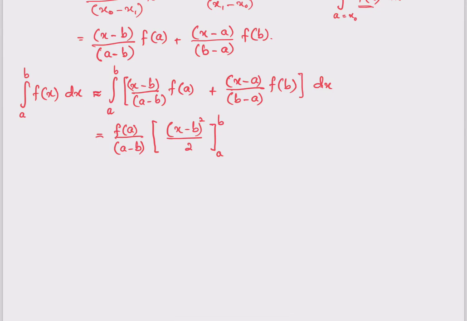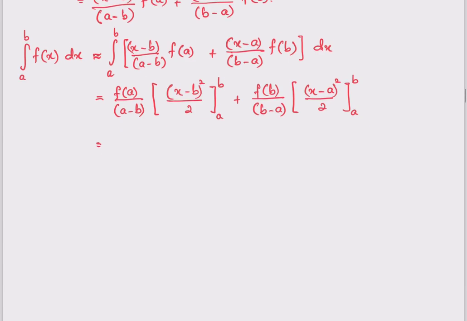For the second term, you get f(b) divided by (b minus a) multiplied by (x minus a) squared divided by 2, from a to b. Then the next step is to substitute the upper limit minus the lower limit into x, because we integrate with respect to x.